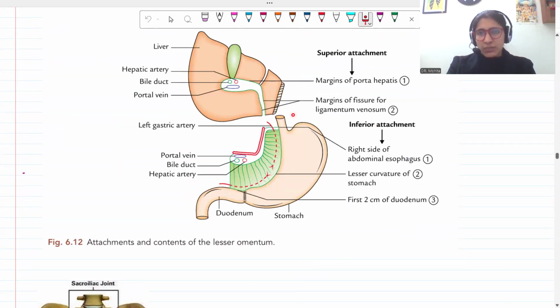This is the J shape that I'm talking about. Listen carefully, this J shape has two components, a vertical component and a horizontal component. The vertical portion is attaching to the ligamentum venosum, the fissure for ligamentum venosum, from there it is attaching. And this horizontal part is attaching to the margins of the porta hepatis.